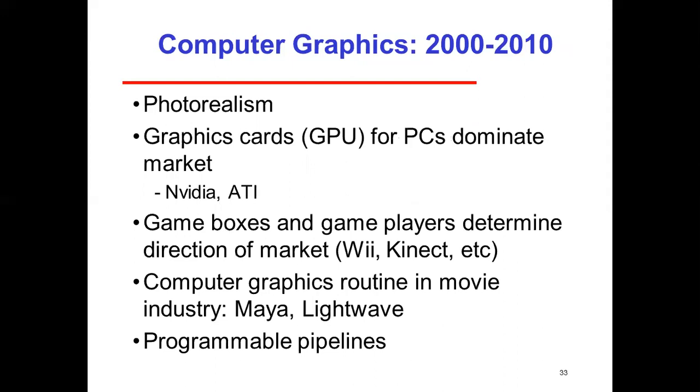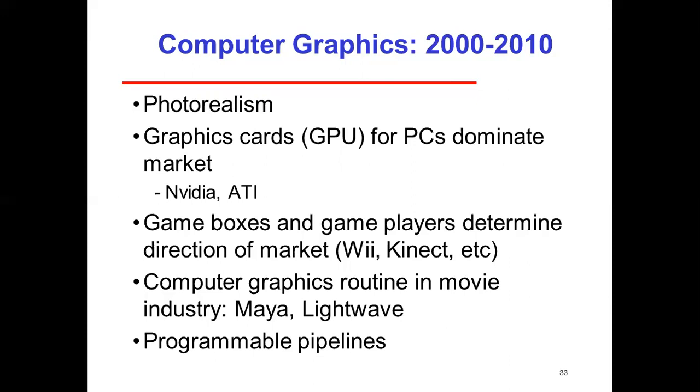Computer graphics from 2000 to 2010, photorealism, so the photos or images look real. We were using graphics cards, the GPU, that is the graphics processing unit, for the PCs, the dominant market. So in the PCs we were using various graphics cards. It gives real graphics to the images.